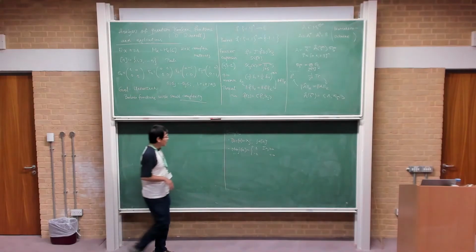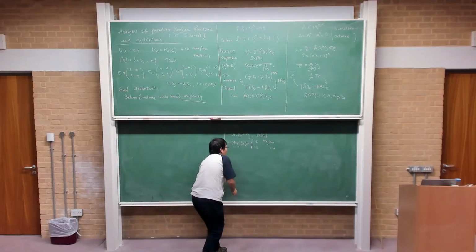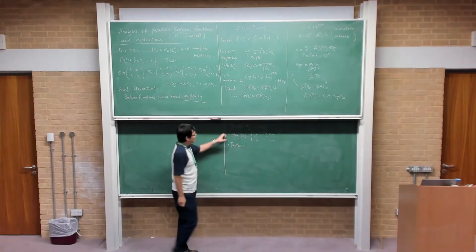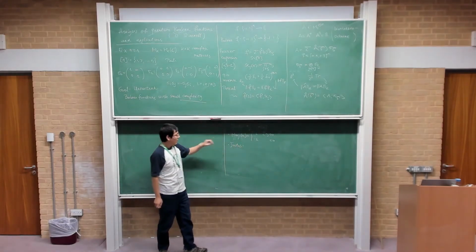Another function that I want to mention here is generalizations of dictatorships. Dictatorship depends on only one variable.